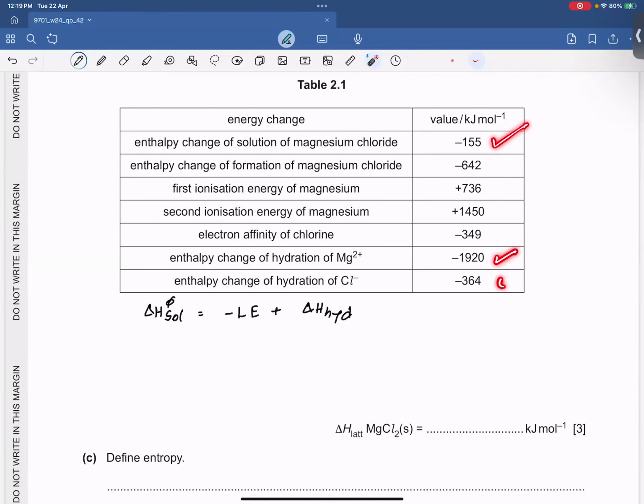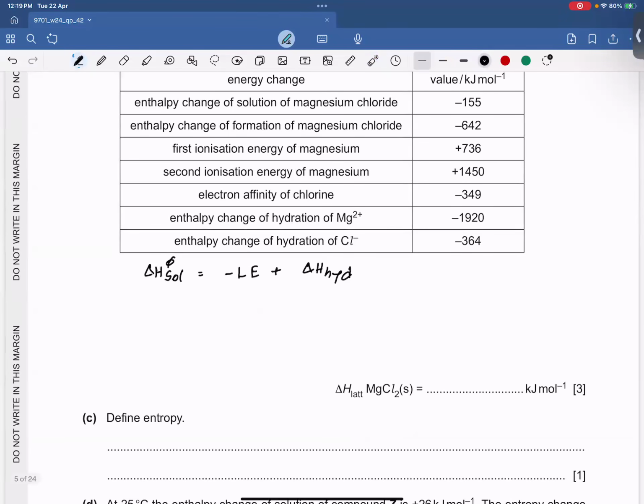Hydration of cation and anion is given, and we need to find out the lattice energy. Because of incomplete information, I cannot apply the Born-Haber cycle here to find the lattice energy. So I'm going to use this formula because the values are already given. All right.